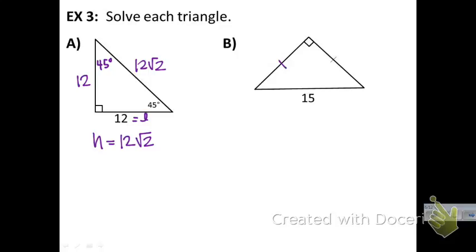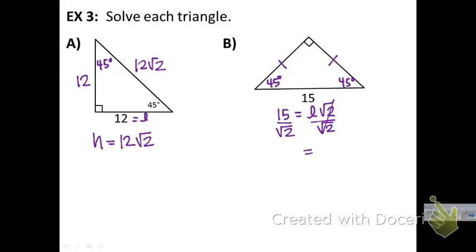Okay, on B we're going to look at it. It shows that we have congruent sides. So we know that these angles are congruent and they both have to be 45 degrees. And then we're going to say, hey, we're given the hypotenuse. So I'm going to use my formula that says my hypotenuse, in this case 15, is equal to my leg, root 2. So to solve for this, we're going to get rid of that root 2 by dividing.